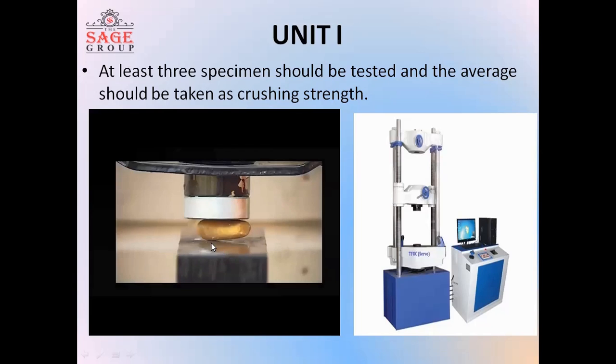The load is applied, and at the point where the stone breaks, the value of the load is noted down. That means the load-carrying capacity of the stone is noted, and the point at which the stone cracks or breaks is considered the crushing strength of that stone.